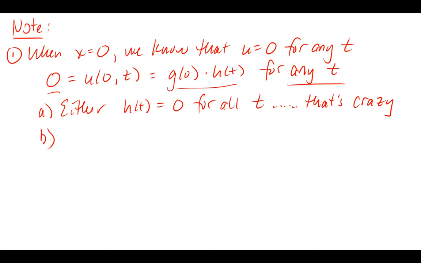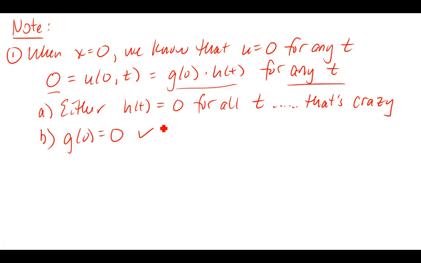But if h was 0 all the time, in other words, h of t is just legit 0, I'm pretty sure this guess that we're trying to work on is going to be a dumb guess. So that can't be true. So either that's true, but that's crazy, or how about g of 0 is 0?